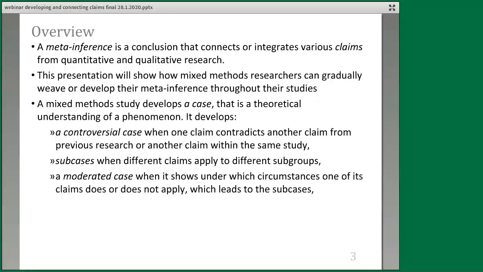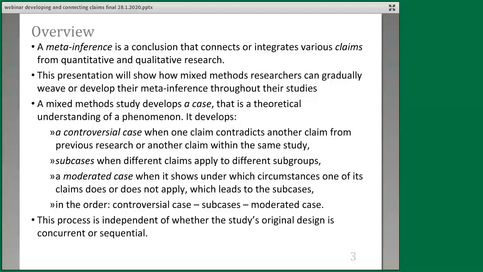It develops a moderated case when it shows under which circumstances one of its claims applies or does not apply, which leads to the subcases, and it does so in the order of first a controversial case, then subcases, and then a moderated case. And I will demonstrate these processes using two real-life examples.